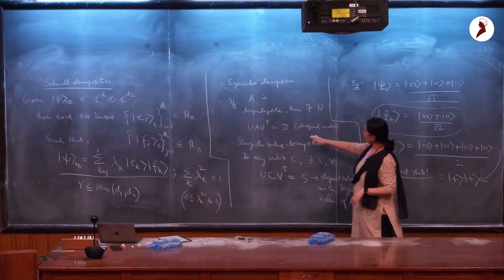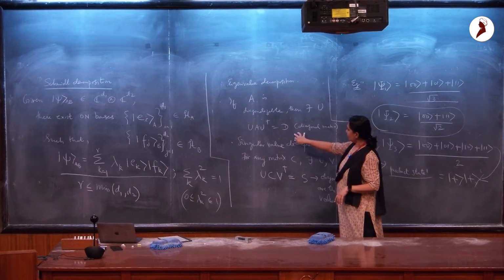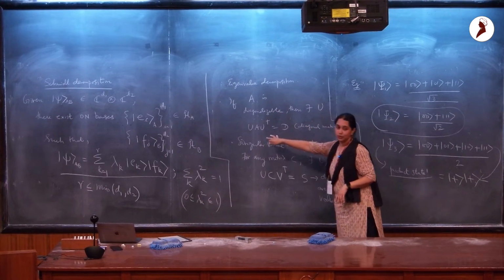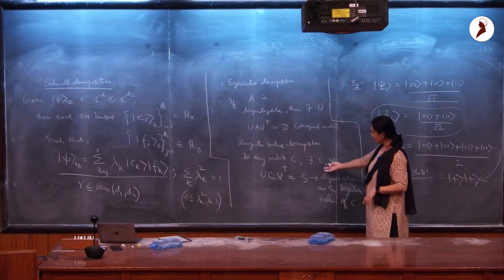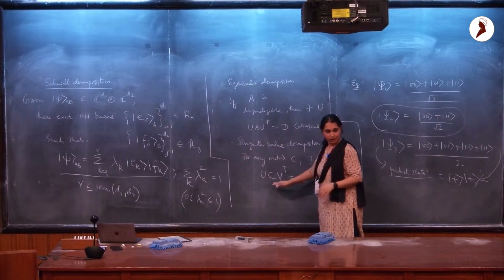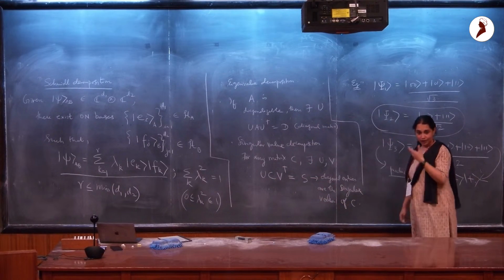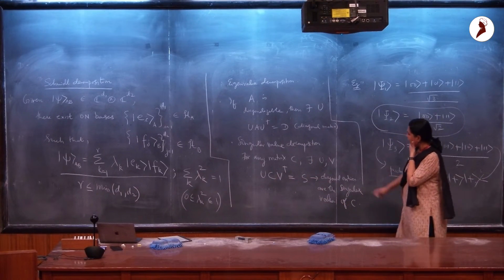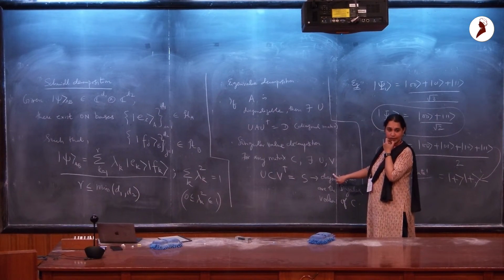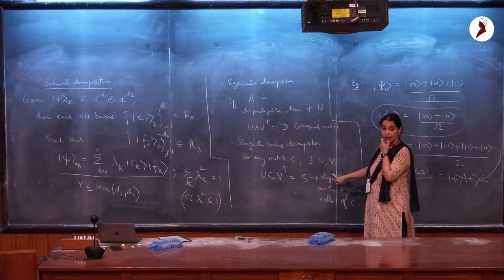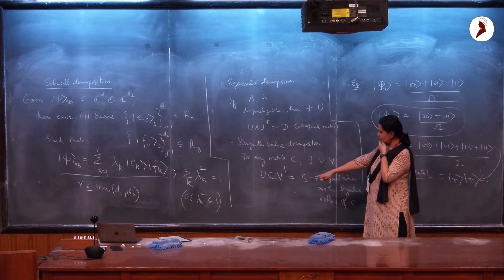Yeah, so just like how you think of eigenvalues of A, these diagonal entries are called the singular values. Oh, I said there exist two unitaries U and V. Does it mean that this C matrix cannot be diagonalized using just one unitary matrix?